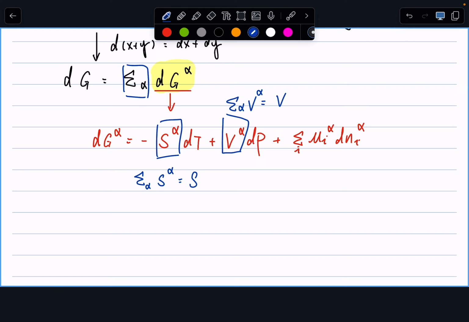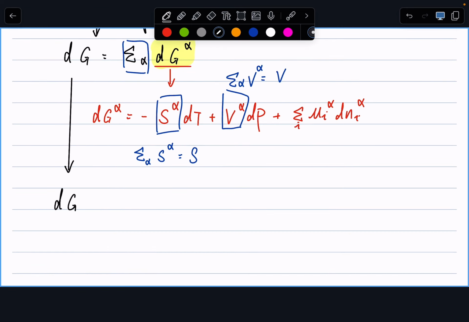So taking together, my original dG thus becomes dG equals negative S dT plus V dP. Now we have a double summation. We need to sum over all the phases, and we need to sum over all the substances of my mu i alpha d n i alpha.